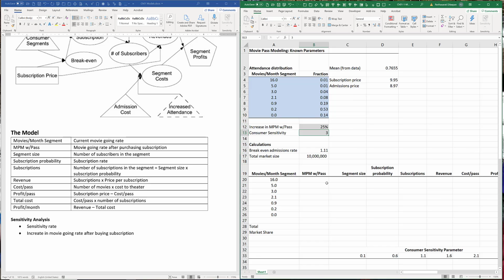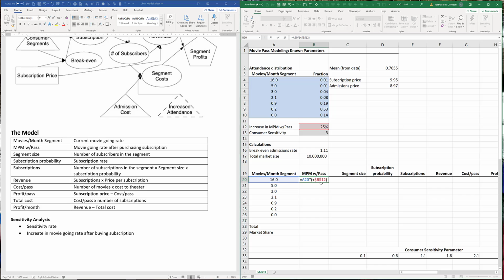We can set up the movie going rate with pass. If it was 16 before, it will be 1 plus, and this should be absolute referenced.